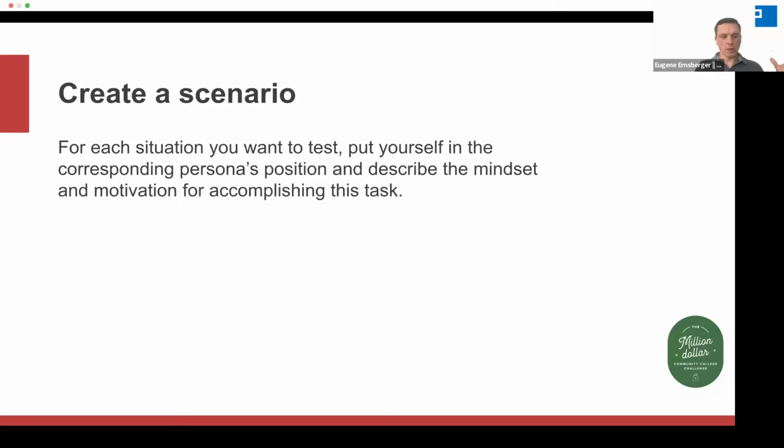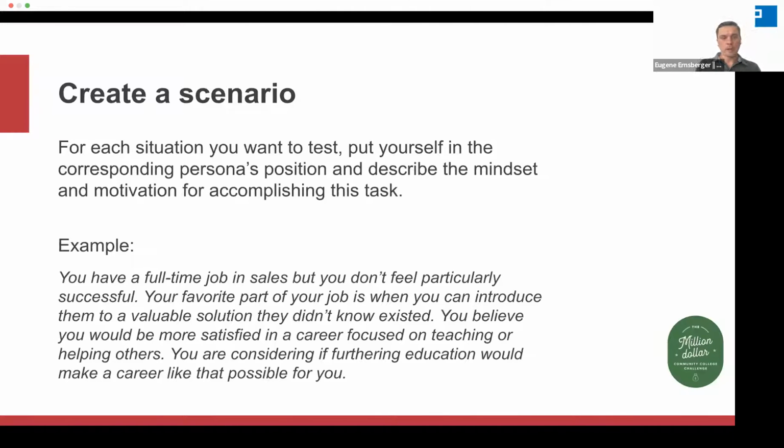When the participant comes to engage with the usability testing, or the talk aloud test, you want to make sure that as they engage with each task, we have given them enough context to understand who they are. There's a little bit of role playing that might have to happen. So in this example, a scenario might be, you have a full-time job in sales, but you don't feel particularly successful.